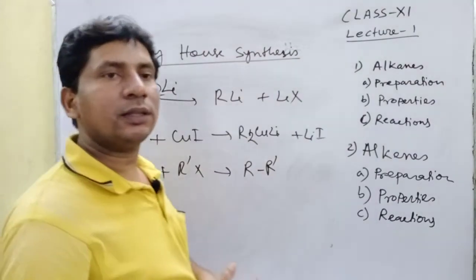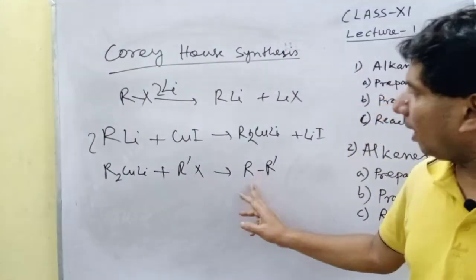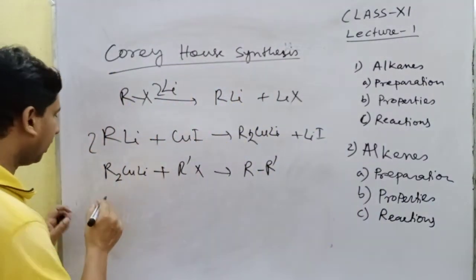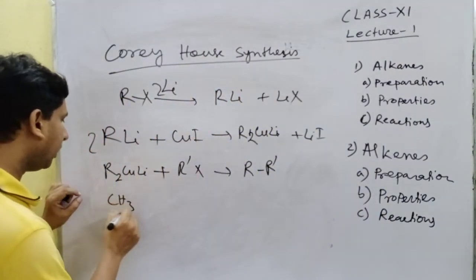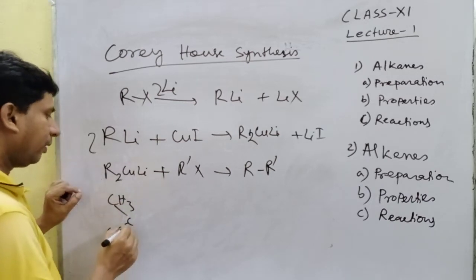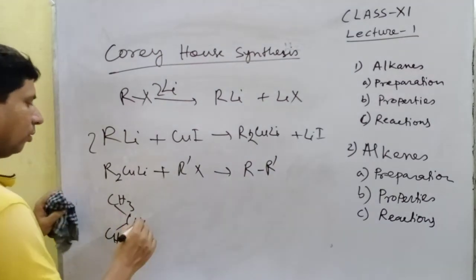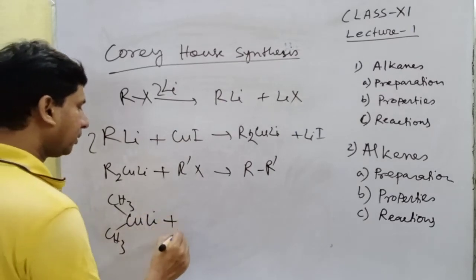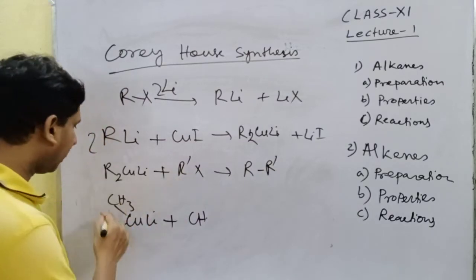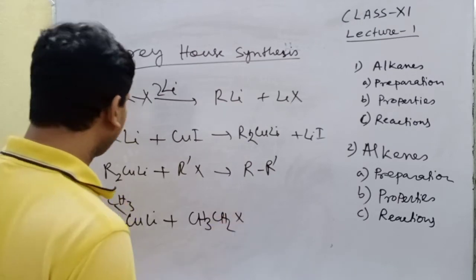Okay, this part is not important, but we need this type of reaction because this is known as Corey-House synthesis. So from the Corey-House synthesis we can get R-R dash. That means if R is CH3, then 2 CH3 with Cu Li, plus this is R dash, that is different from the CH3, CH2CH3 maybe, X. Then what happens?